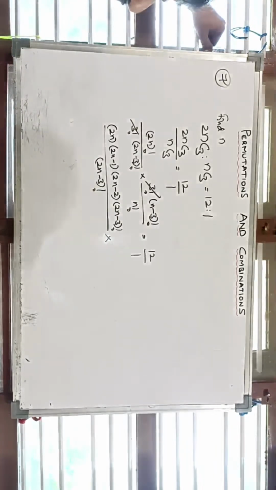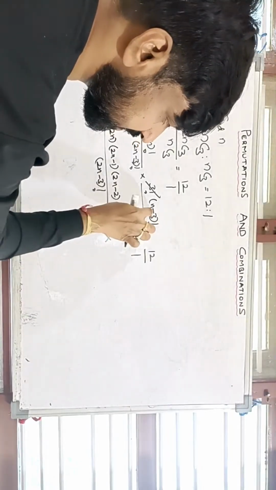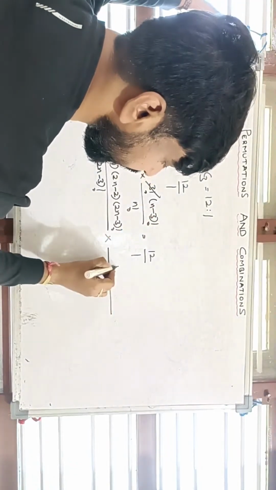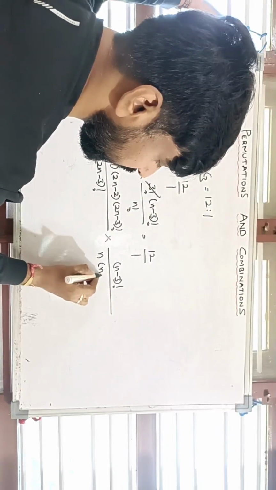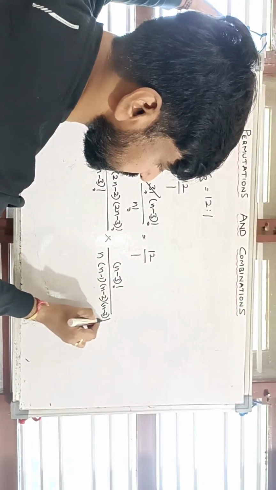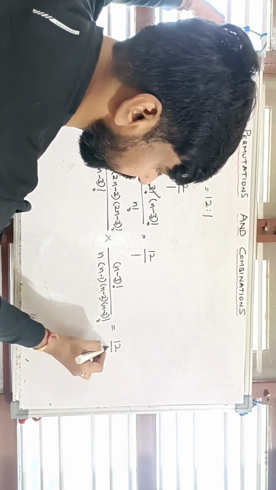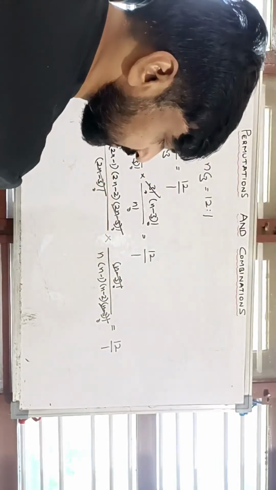Of these two, the denominator n factorial is bigger, so write it down until (n minus 3) factorial, that is n into (n minus 1) into (n minus 2) into (n minus 3) factorial, is equal to 12 by 1. (n minus 3) factorial cancels, (2n minus 3) factorial cancels.